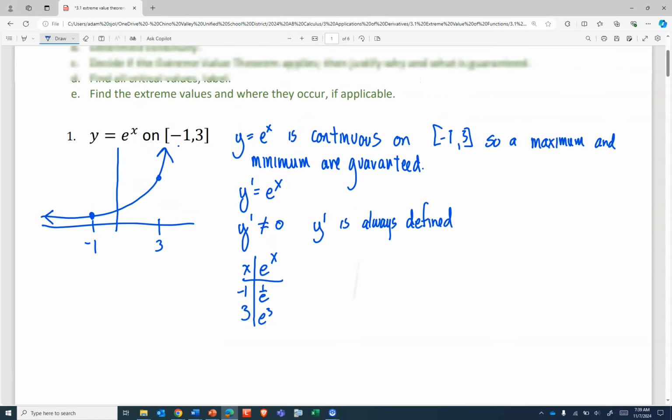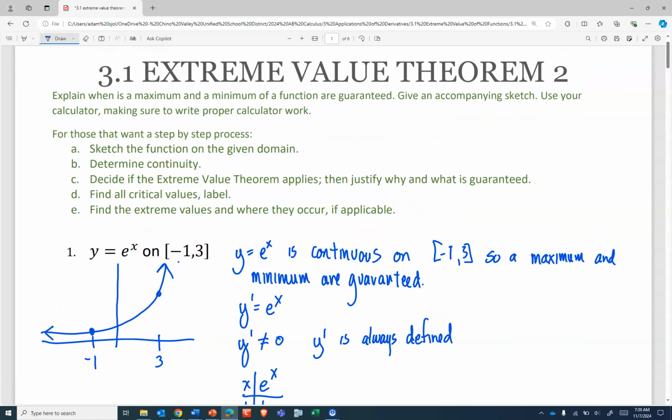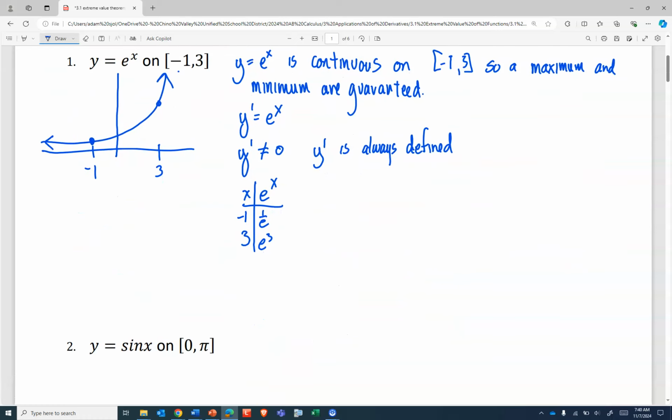So I don't think I wrote instructions very well, did I? In green I did. Okay, so maybe right here we should say no critical values.